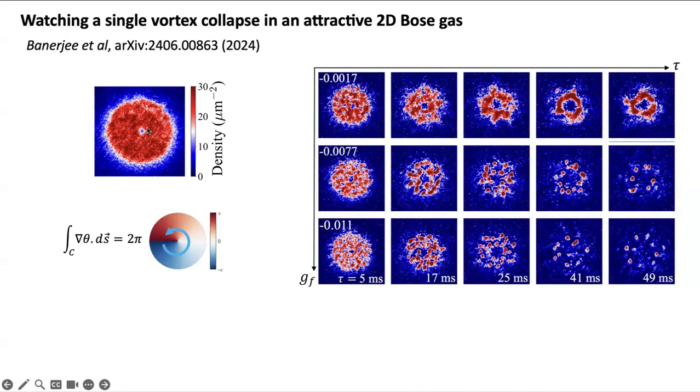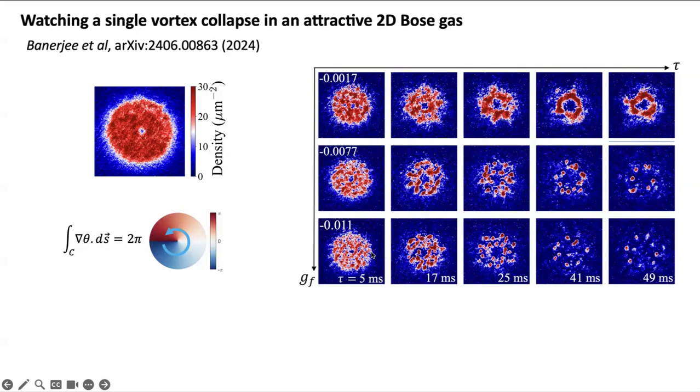So we have tried to do this by preparing first a single vortex, a quantum vortex, in the gas, and then also quenching to attracting interaction. What you are seeing here is that the horizontal rows have the same interaction but different waiting times, and the vertical ones are quenched to more and more attracting interaction.